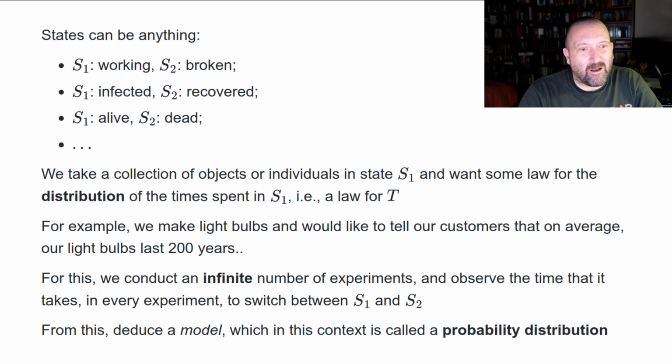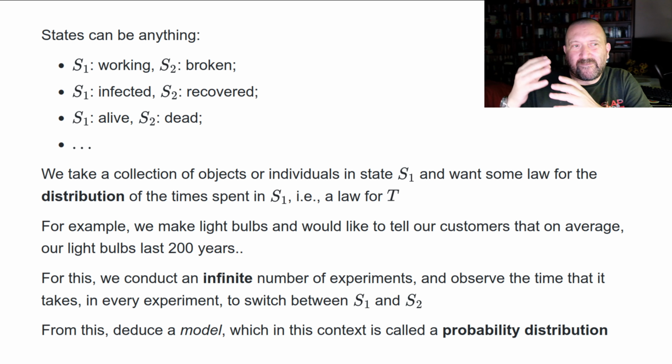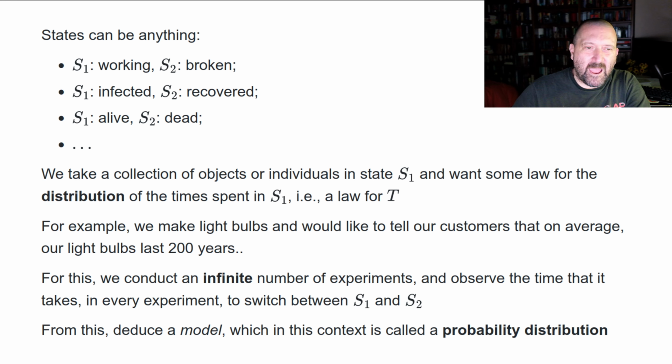We want to get some law, some model. We want to make a model that describes this random variable T. So what we do is take a collection of systems, objects that are in state S1, and wait until they switch into state S2. We want some way to describe this time of waiting.